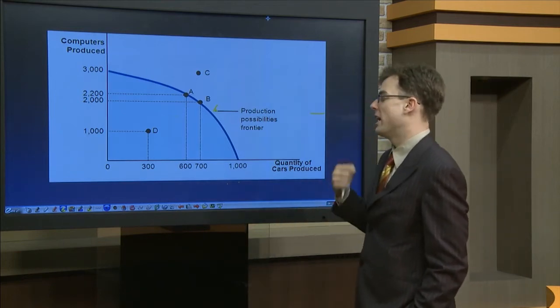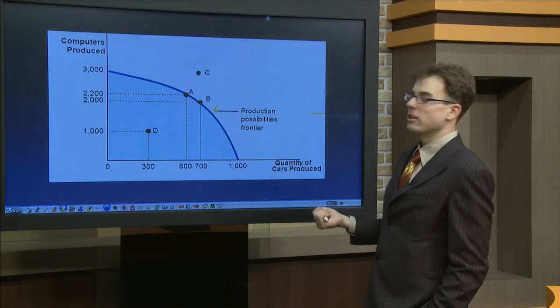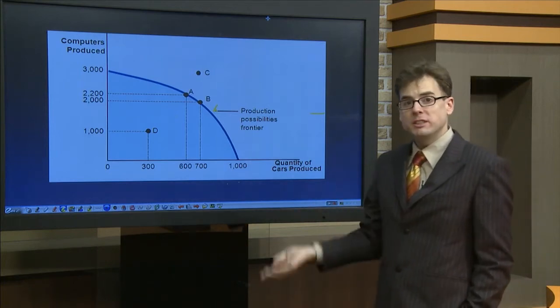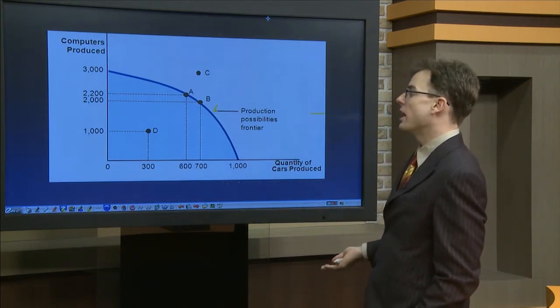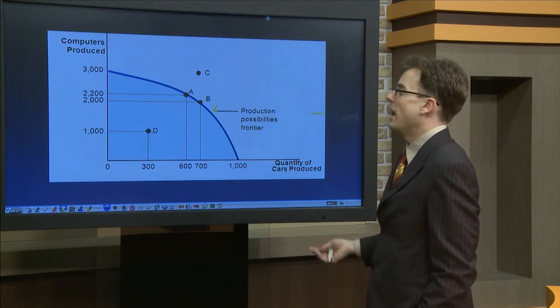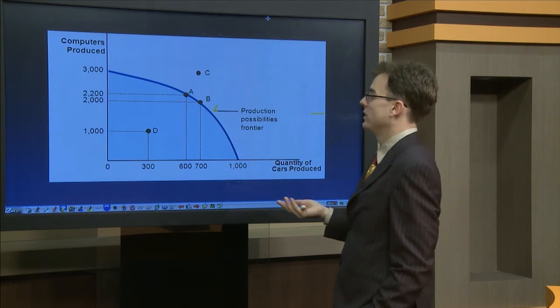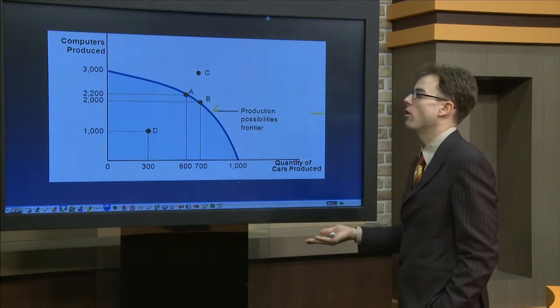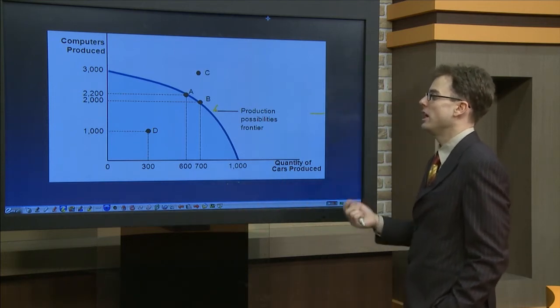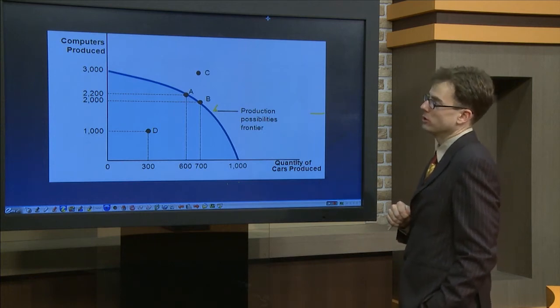One important side note about the production possibilities frontier is that it only depends on the amount of available inputs and technologies. It does not depend on preferences of members of the society, and it does not depend on the prices of inputs or output goods.